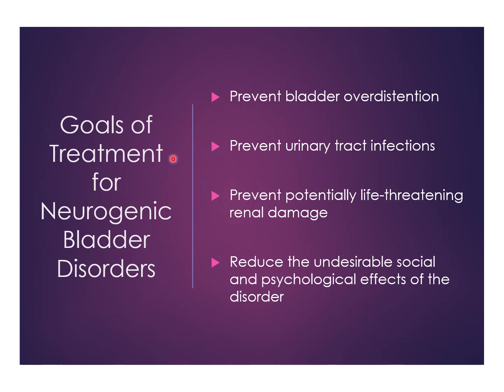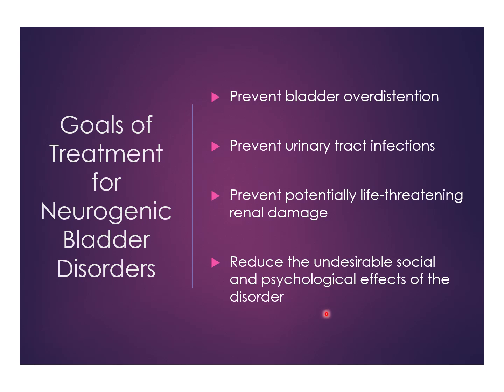So the goals of treatment for someone with neurogenic bladder, number one, is to prevent any bladder overdistension. Especially someone with flaccid bladder syndrome, we don't want that bladder to continuously be overdistended. We also want to prevent any urinary tract infections, especially with stasis of urinary flow. We want to prevent any potentially life-threatening renal damage, so severe urinary distension that would back up into the kidneys, causing severe hydronephrosis and post-renal kidney disease.